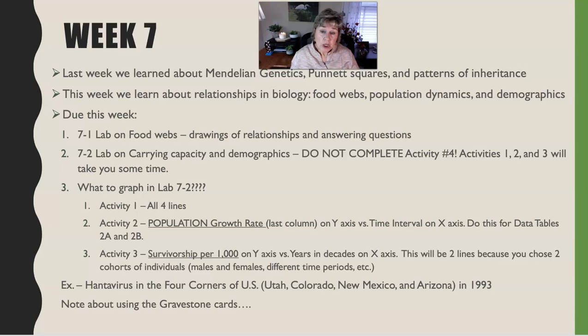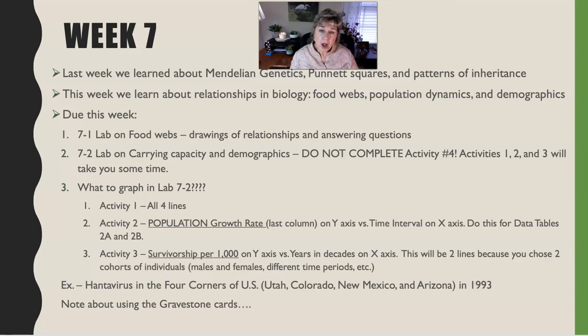Activity 2, you are only graphing population growth rate, that last column in your data table, on the y-axis, so that goes on the y-axis, versus time interval on the x-axis. Do this for both the data tables, 2A and 2B.